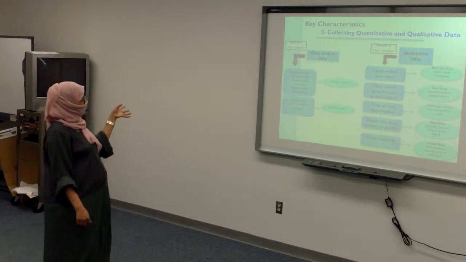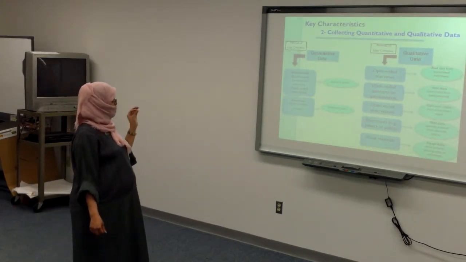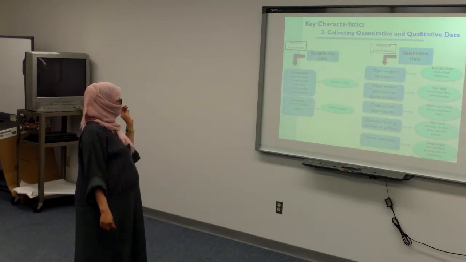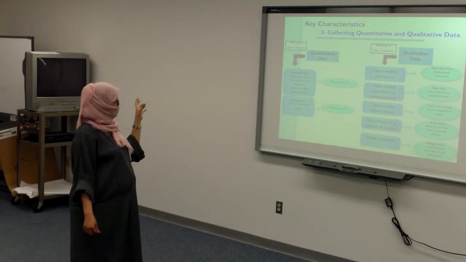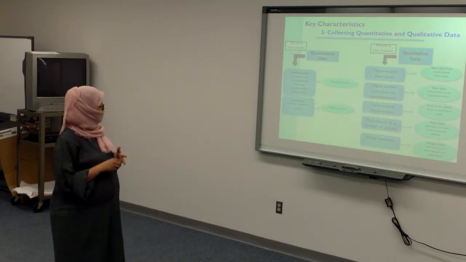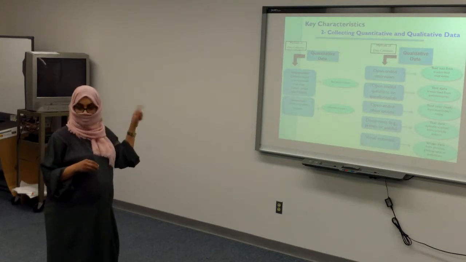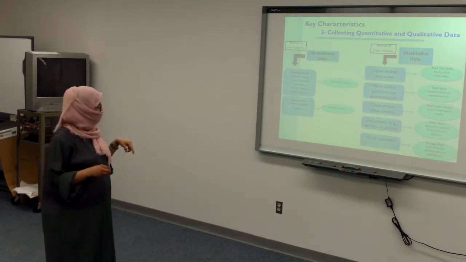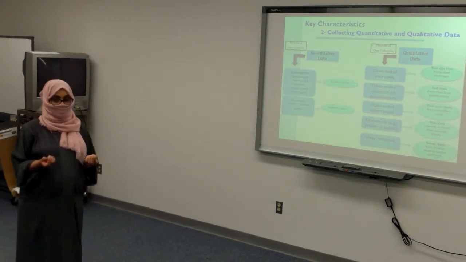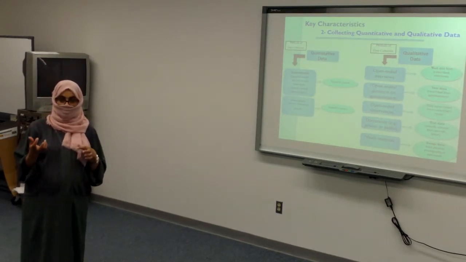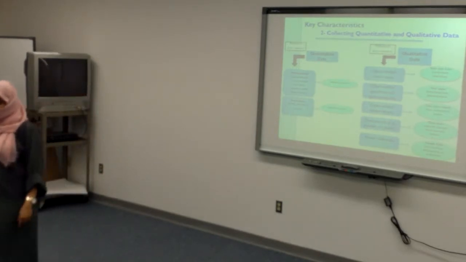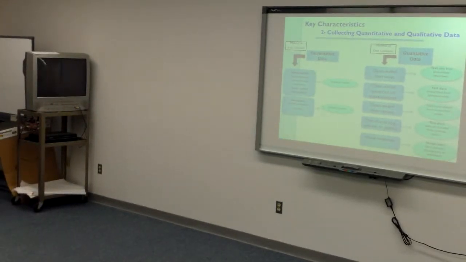While in quantitative research, most of the data is numbers, like from the instrument, the survey, closed-ended observation, and some documents, like a record or score. So most of them are numbers.